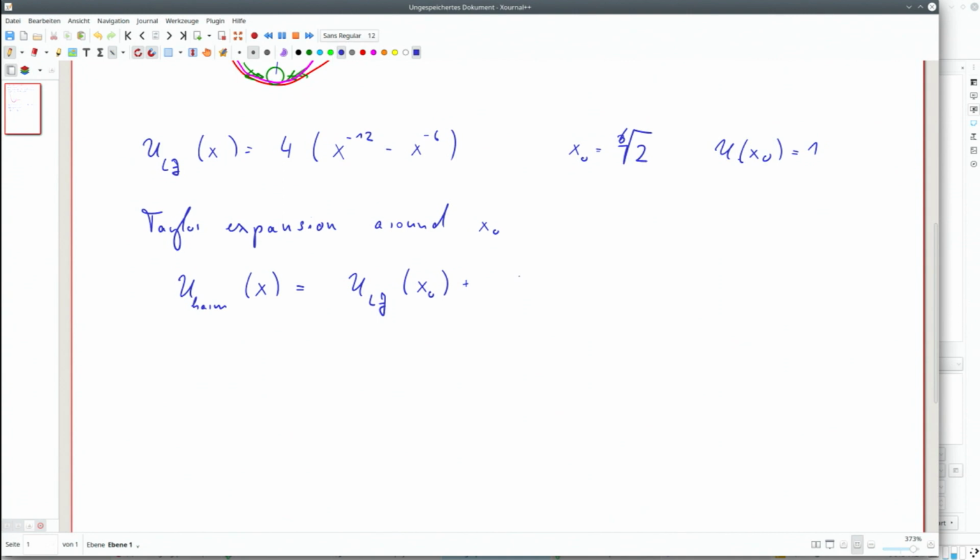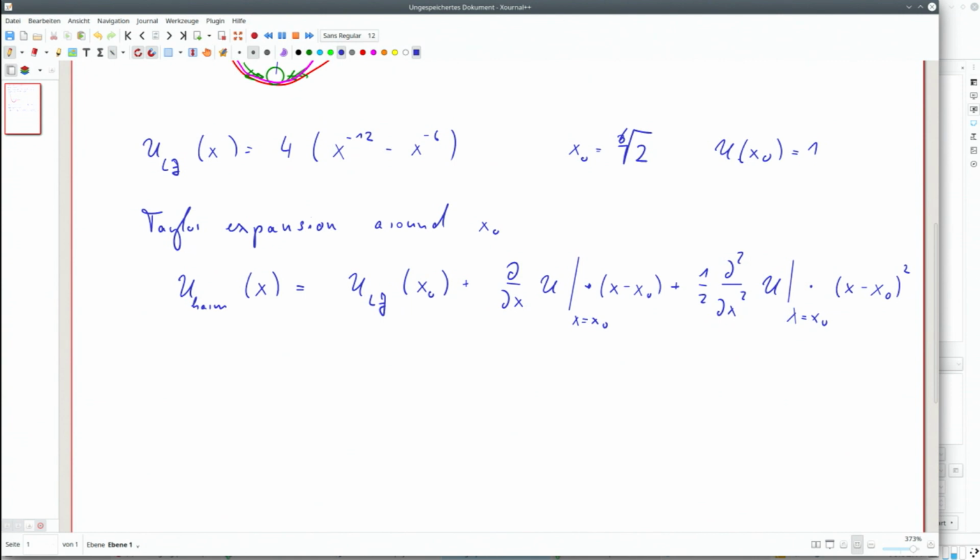Then you have to take the d/dx of this potential at position x0, times x minus x0, plus 1/2 d2/dx squared of u, again at this position x equal x0, times x minus x0 squared, plus further terms if you want to explore more of this shape here.